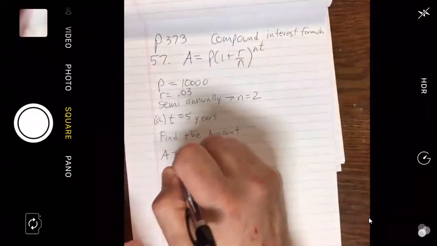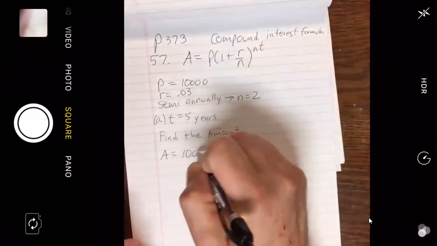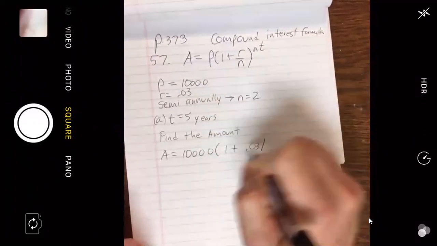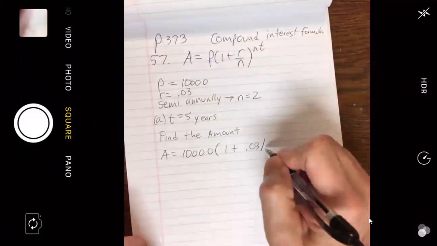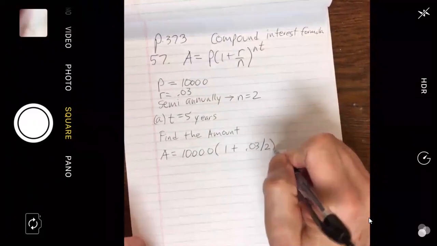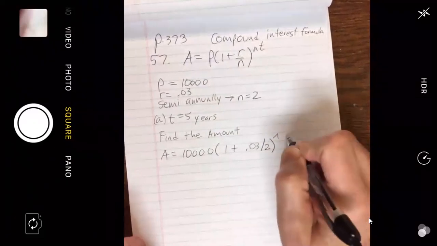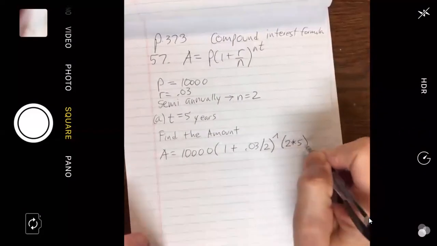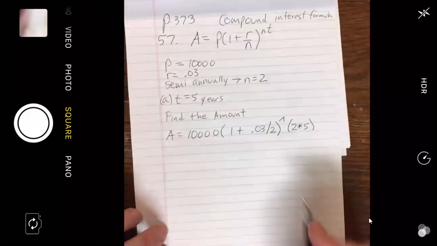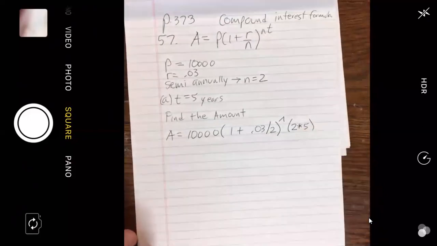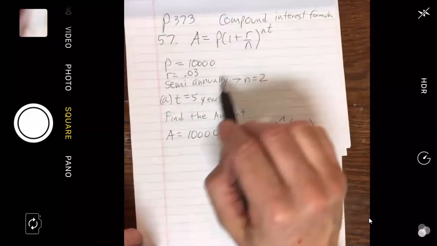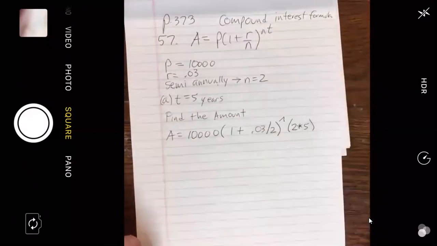And so your amount is going to be 10,000 times (1 plus 0.03 divided by 2) raised to the parentheses, 2 times 5. I'll write it out horizontal like you punch it on the calculator. You can punch a 10 straight if you wanted, but if you leave it 2 times 5, make sure you put it in parentheses. n is 2 here, n is 2 there, semi-annually, and t is 5 years.